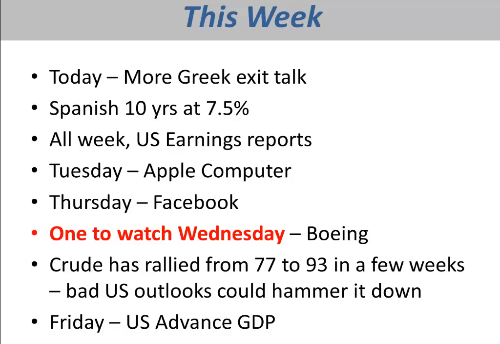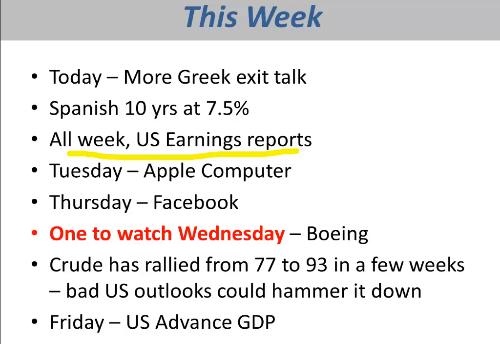But the big thing for this week is what we see over here. The big thing that everybody's going to be watching are the U.S. earnings reports. Why is that important? Because the U.S. has come back into focus, with Ben Bernanke giving a negative outlook for the U.S., however, not necessarily saying it's weak enough to warrant further monetary stimulus.